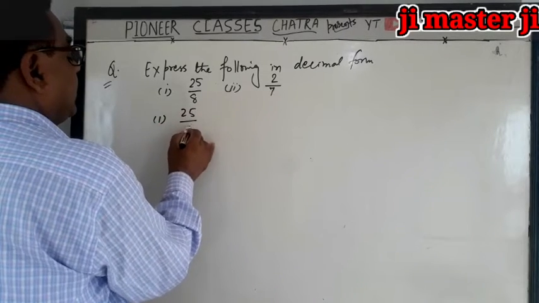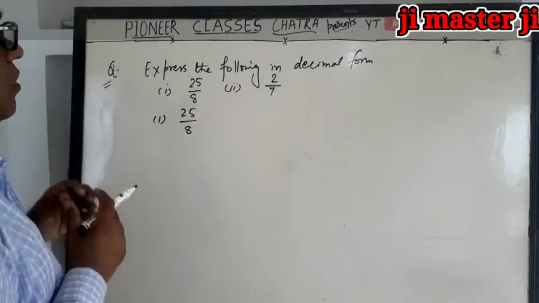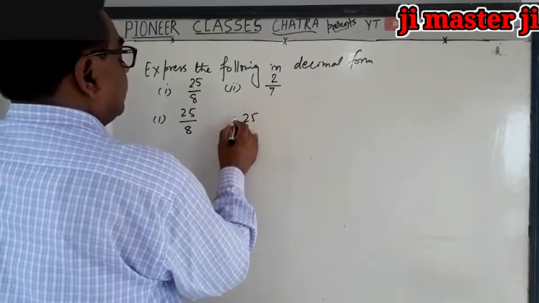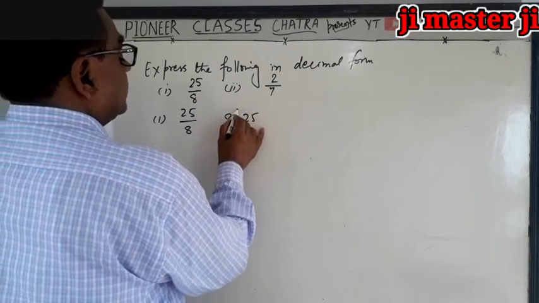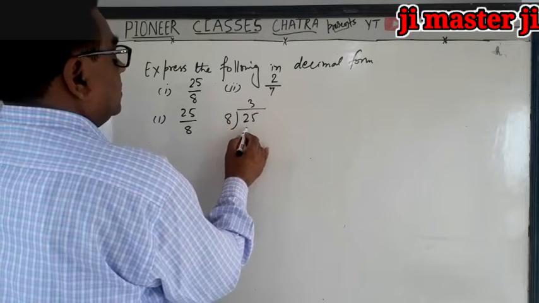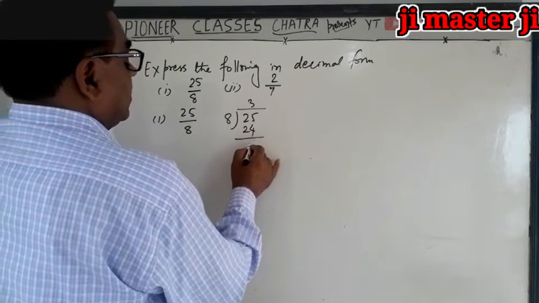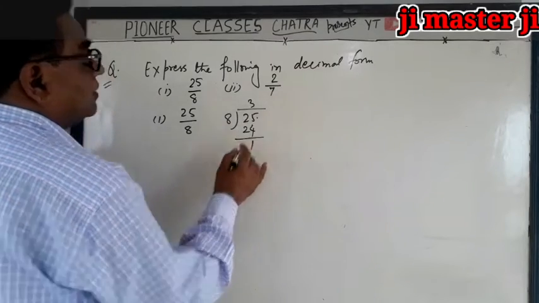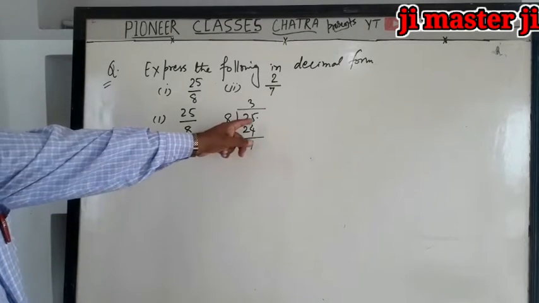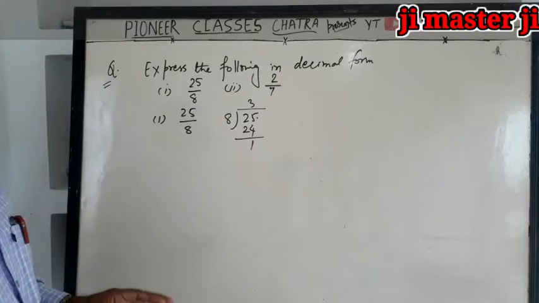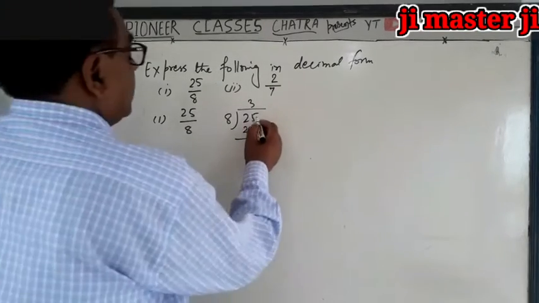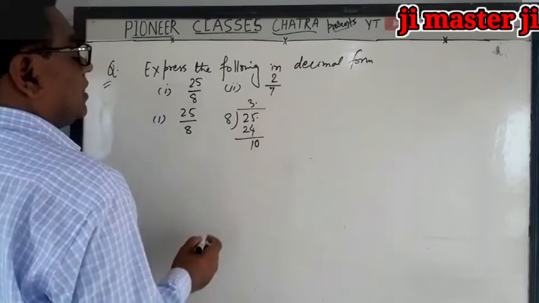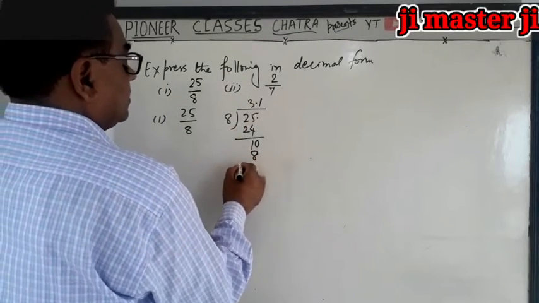Take 25 by 8. We use the long division method for this and we divide 25 by 8 and we get 3, 8 3s are 24. So the remainder is 1. Remember guys, the position of the decimal in 25 is here. We put a decimal. So we get here the decimal and 8 1s are 8.